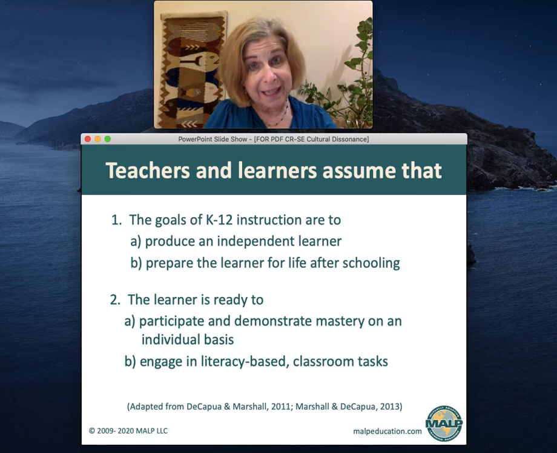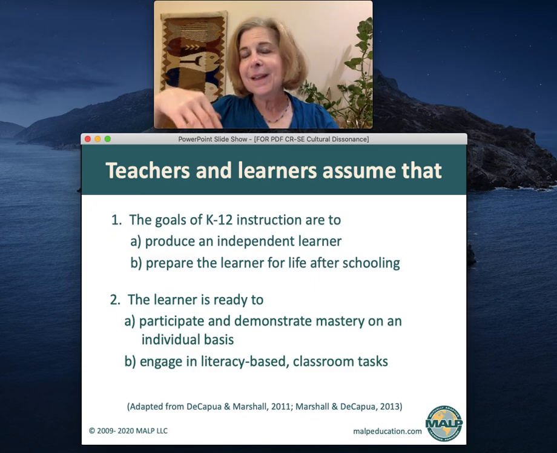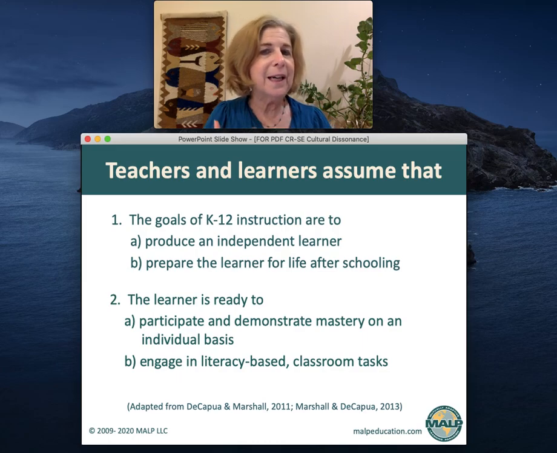Classifying, defining, comparing, contrasting, all cause and effect, all of those ways of thinking that we ask them to demonstrate through these decontextualized tasks. Is it any wonder they're not reaching their potential?